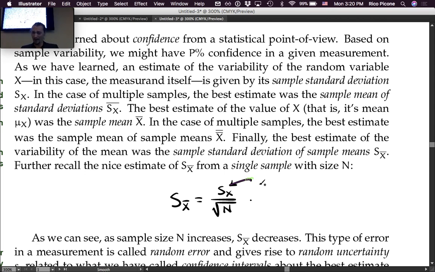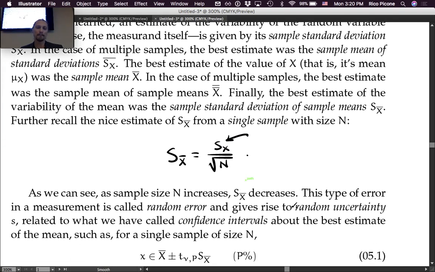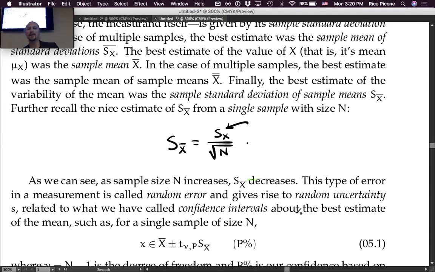But if you have just one sample, you can estimate what the standard deviation of the mean would be if you took a lot of samples and took their means. So there you go. It's a nice little formula. As we can see, as sample size n increases, the standard deviation of the mean decreases. We went through this whole discussion before, but I'm trying to remind us of that.